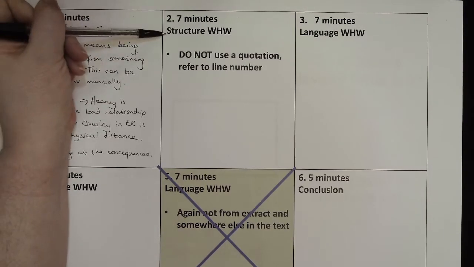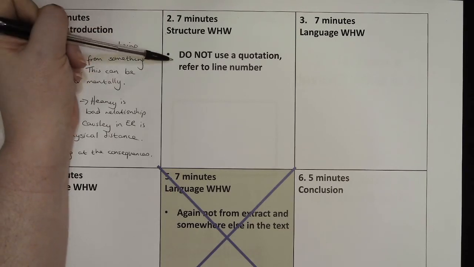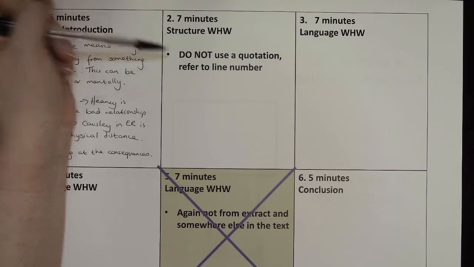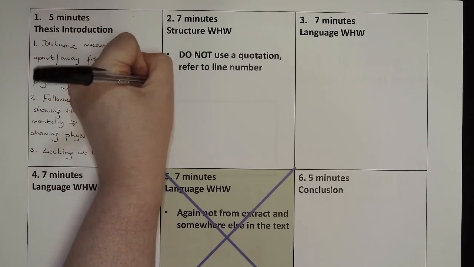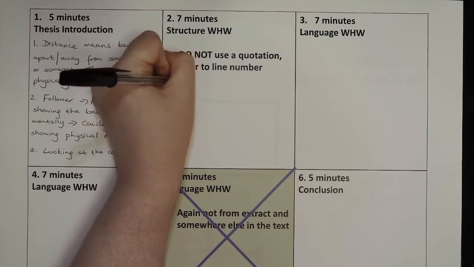The second paragraph we're going to be doing is just a structure paragraph. Now I've left this on because it is a structure one and not language. You do not need to use a quotation, a line reference or a stanza number is good enough. But I need to think about which feature I'm going to use, and I've chosen white space.